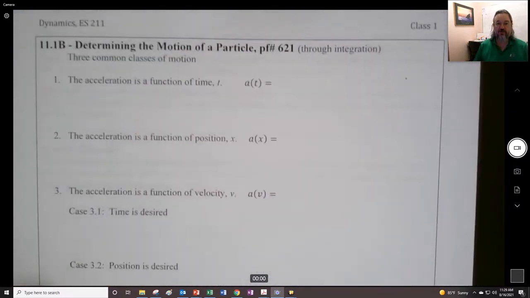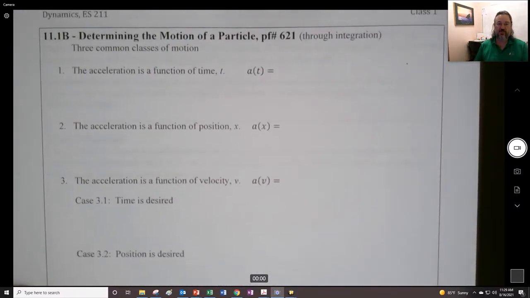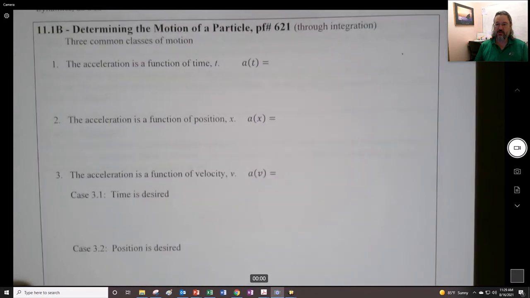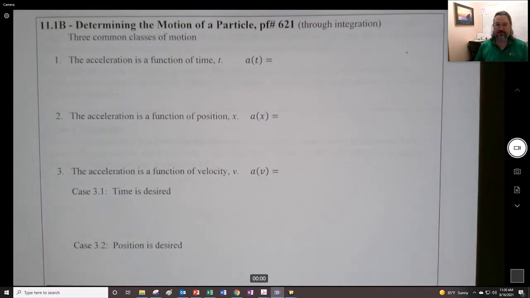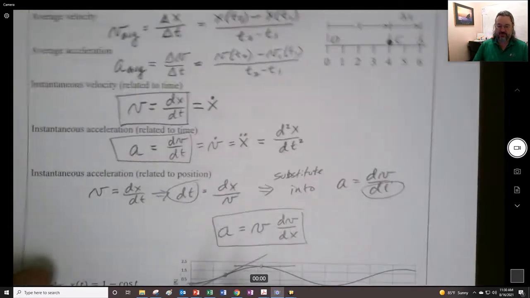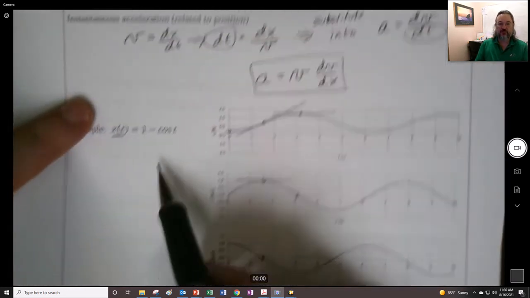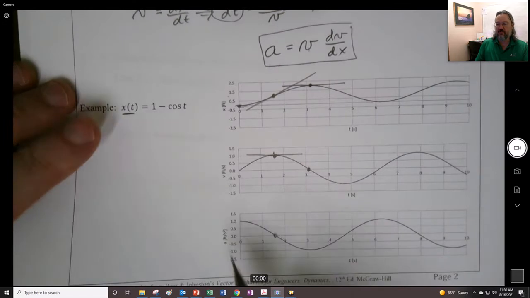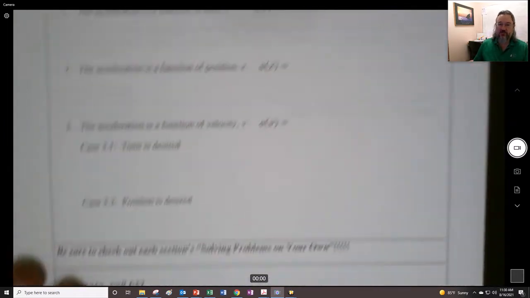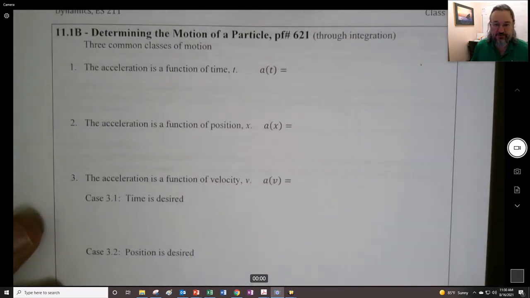Now, we have 3 different cases when it comes to acceleration. Here's where we start with position, and we get to acceleration. But what if we want to go backwards? What if we know the acceleration for some reason?